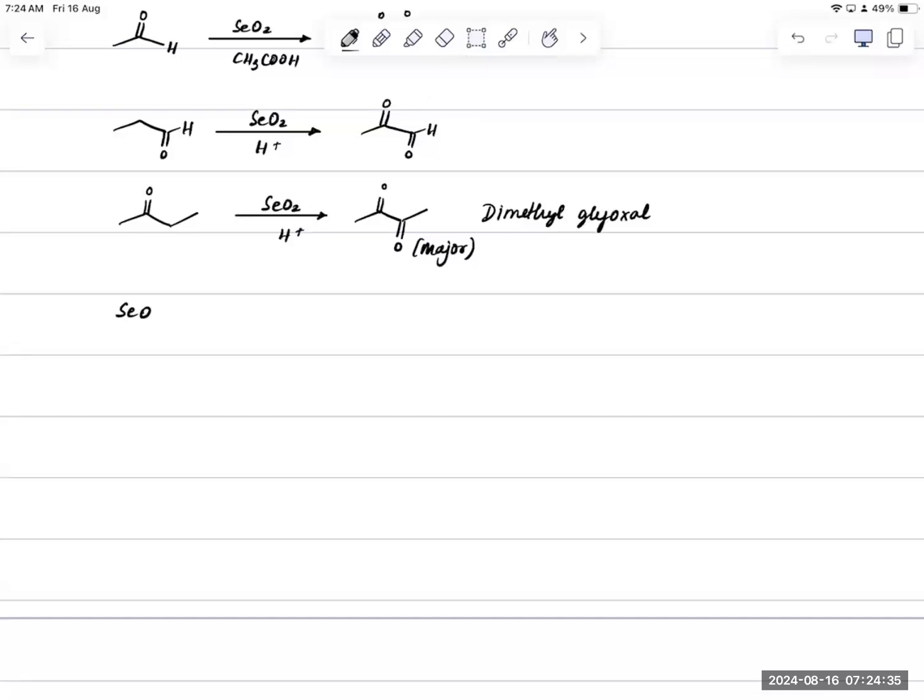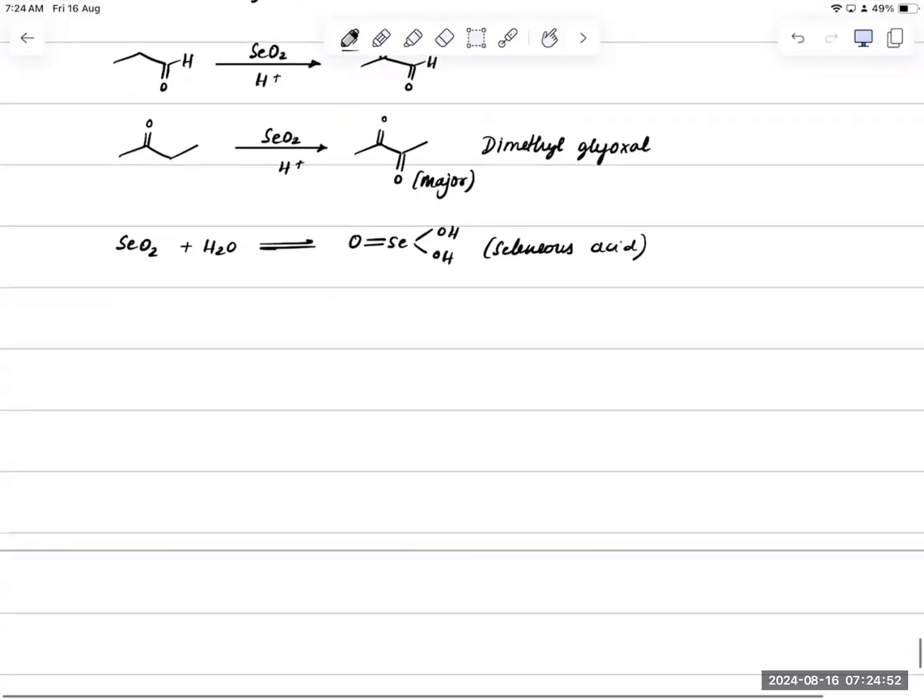Usually the mechanism is not asked, but I'll give you an idea about how it starts. First, we expect SeO2 to convert into selenious acid. Imagine this selenious acid reacting with a ketone, which we write in the form of enol. This is the more stable enol. Always remember the mechanism will drive towards the more stable enol.